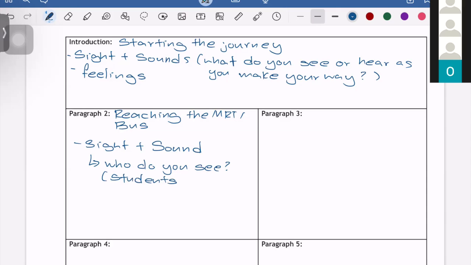Students, office workers. If you choose to write about the MRT, when you reach the MRT platform, what would you hear? You would hear the occasional beeping of the tapping in. That's what you hear.